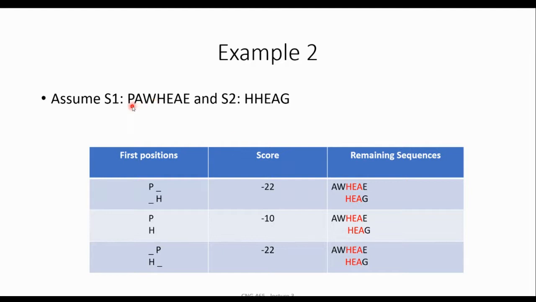In that case, one possibility is just to align P with H. Maybe they have a similar function, right? So it's sometimes possible to have mismatches and align them together. Or one possibility is to consider a gap after P or before P. Never align one gap with another one, okay? A gap can be aligned with a letter, and that's it.